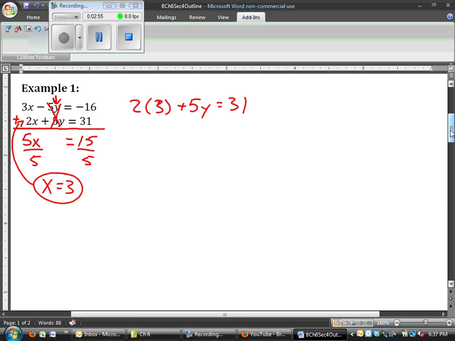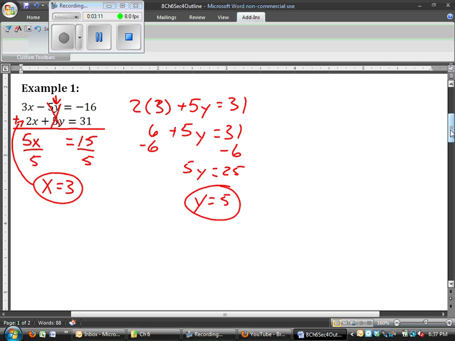Now I'm trying to solve for y. So 2 times 3 is 6, plus 5y equals 31. Subtract my 6, 5y equals 25. That means y is equal to 5. Okay, so both ways, I got a single answer here. Okay, x equals 3, y equals 5.